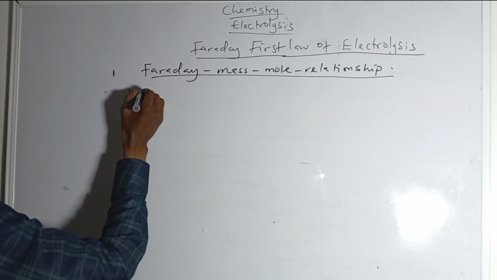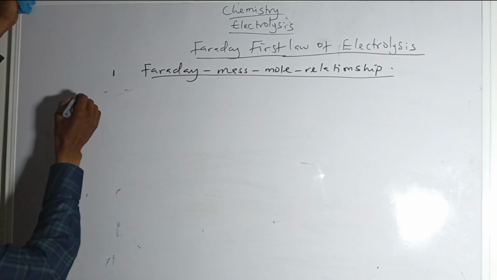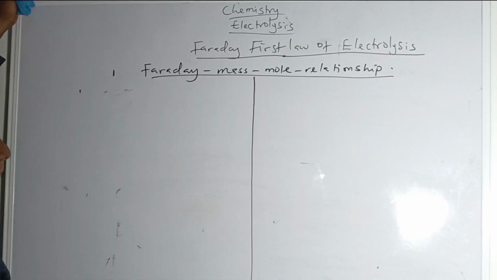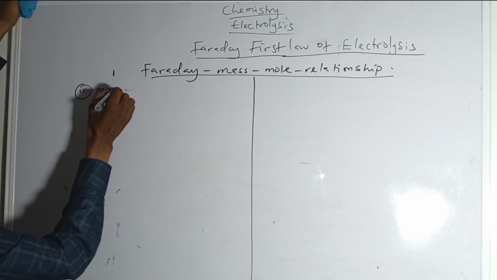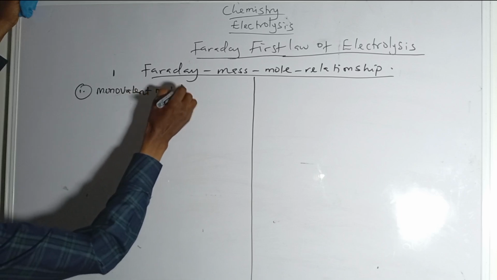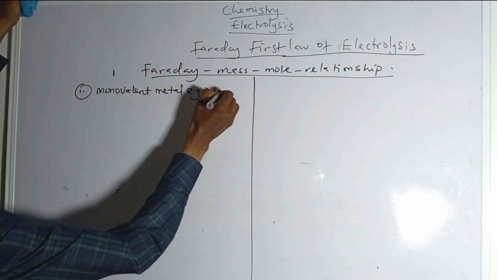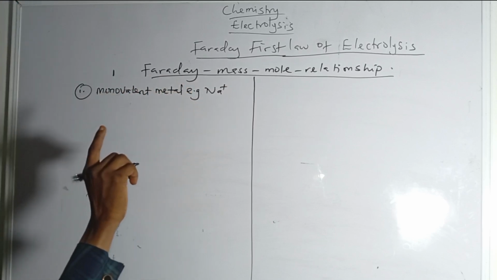The first one is for monovalent metal, e.g. Na plus. So this one is monovalent, it has one valency, one charge.